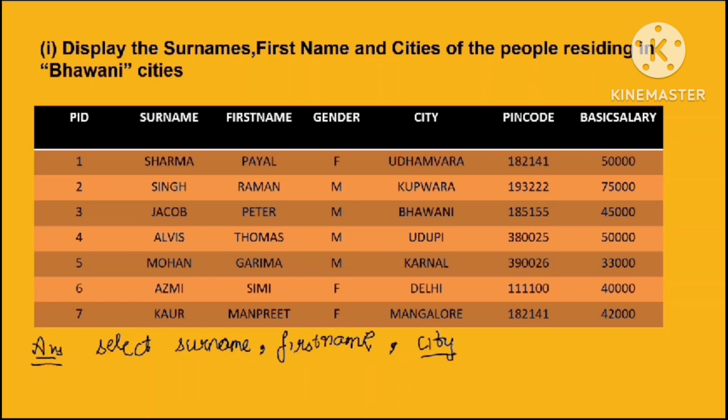From person table, from persons; from is a keyword, persons is the table name, where city is equal to Bhavani. A string data type you should write in quotes. So select surname, comma, first name, comma, city from persons where city is equal to Bhavani. It is persons, the s should be there.